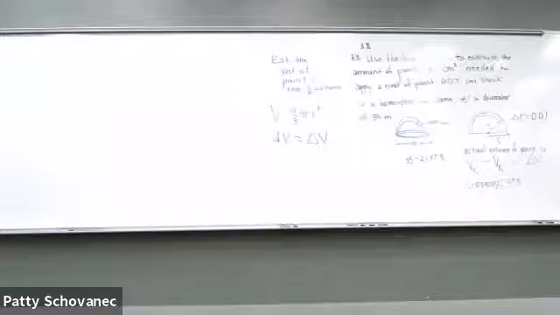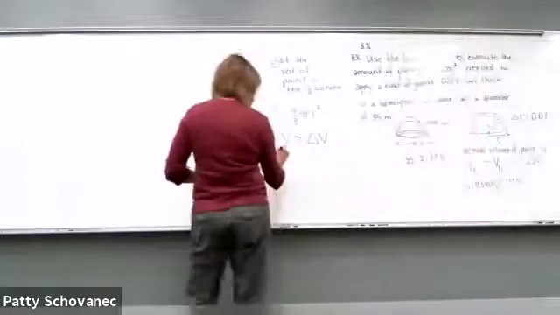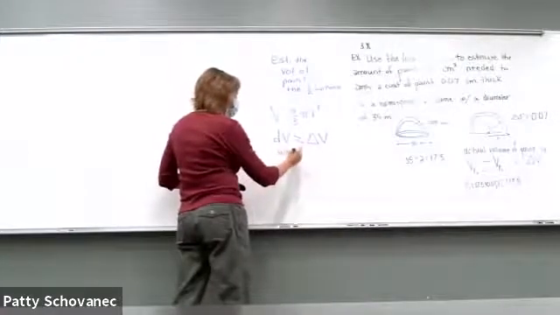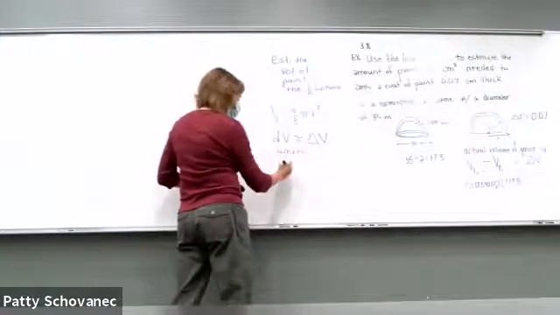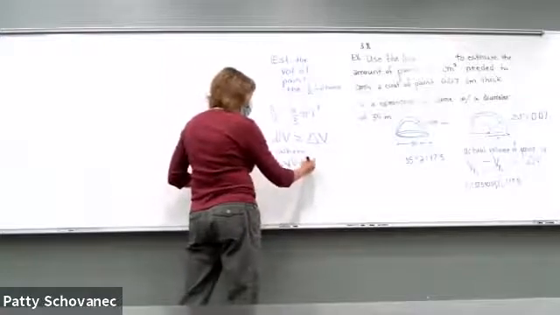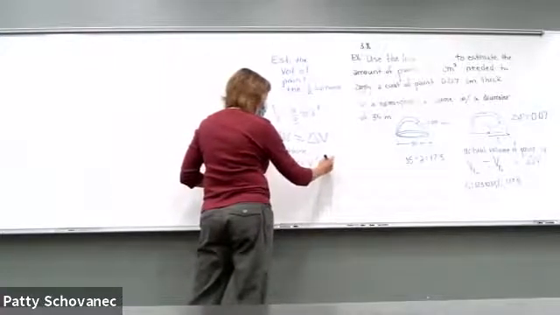So the differential dV approximates the exact change in V, where dV is V prime times delta r, the derivative times delta r.